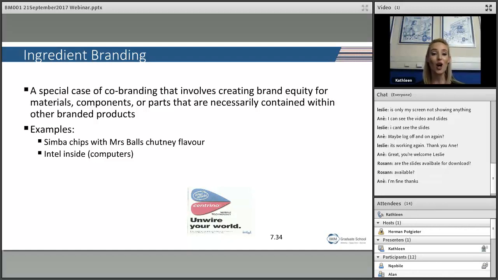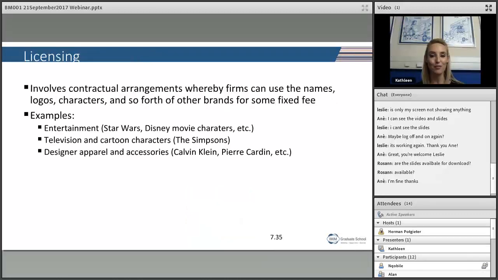Another South African example would be Mrs. Ball's chutney flavored Simba chips, where Simba is using Mrs. Ball's chutney as an ingredient in their brand of chips, but it is also improving the brand associations, because if you love Mrs. Ball's chutney, you would then love that flavor of Simba chips.